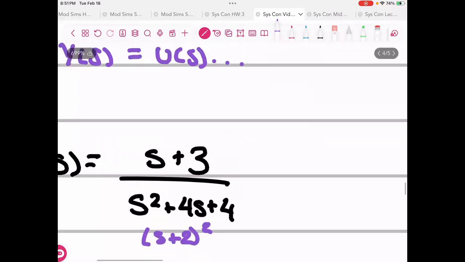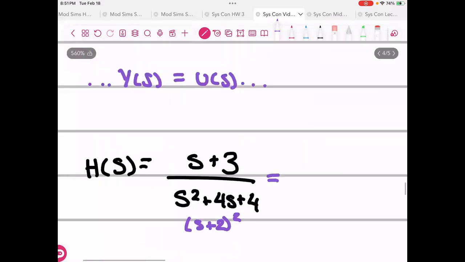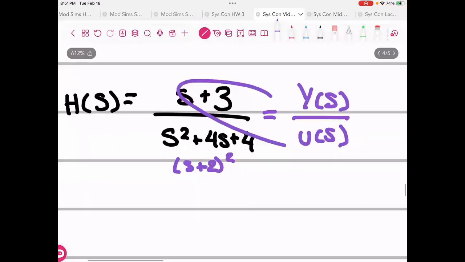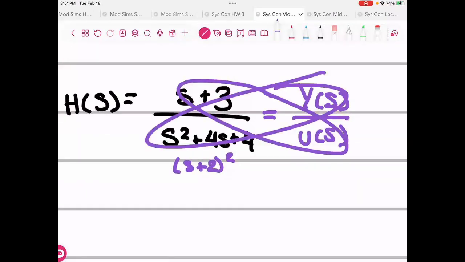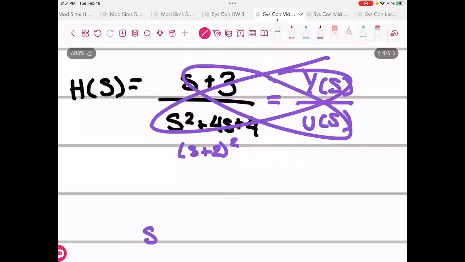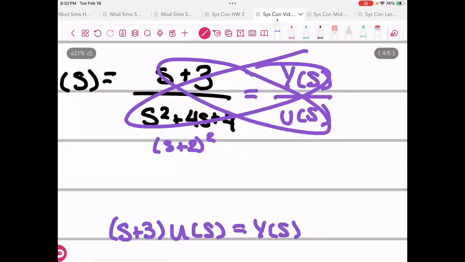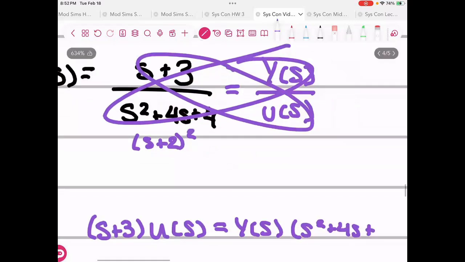We can set this equal to, as we know, y of s over u of s. And then to get our ODE from this, we can cross multiply. So we have s plus 3 times u of s equals y of s times s squared plus 4s plus 4.